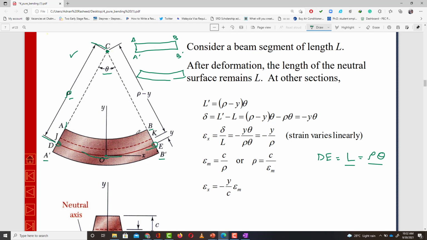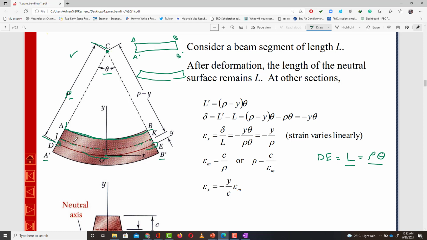Now after deformation, the length is decreased on the top side. If you take any axis above the neutral axis, the length will be decreased.